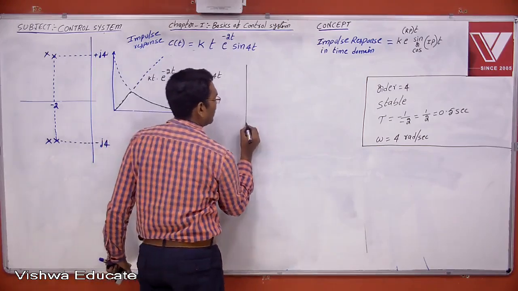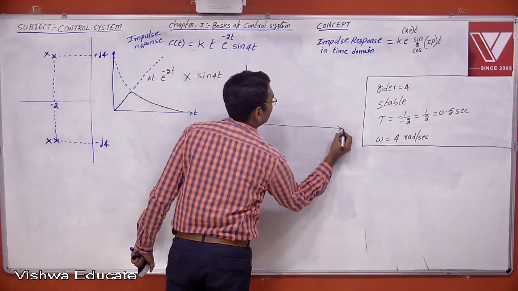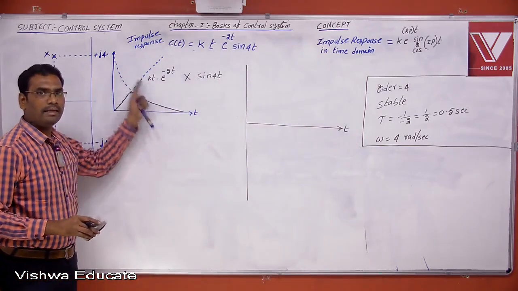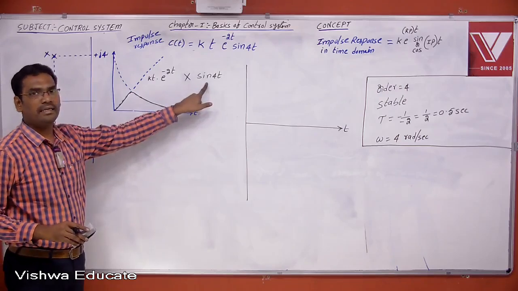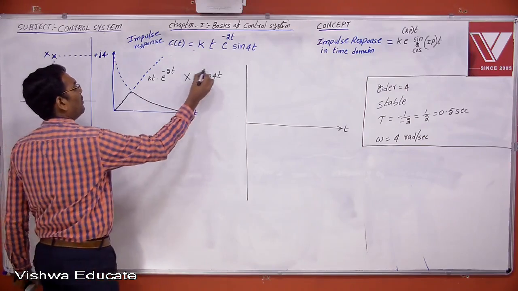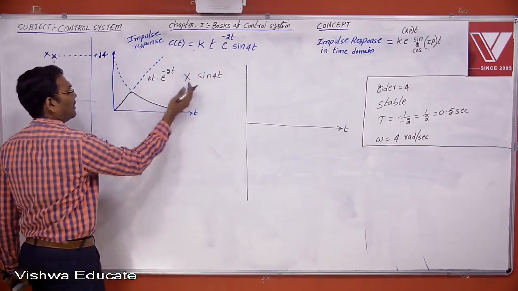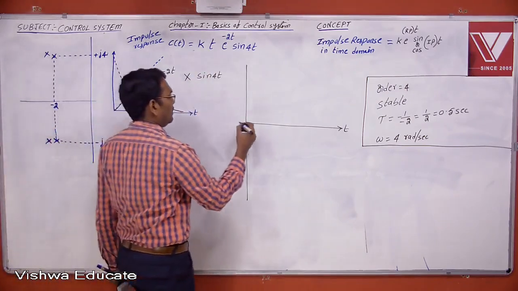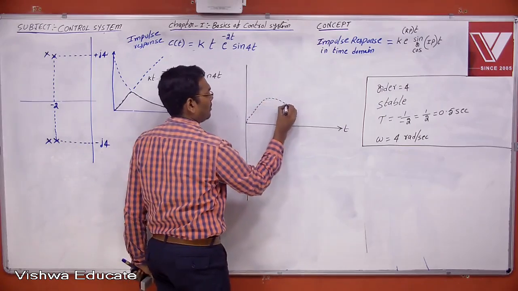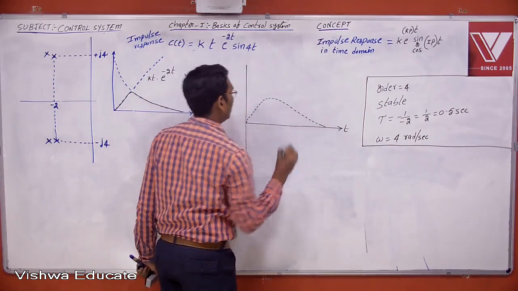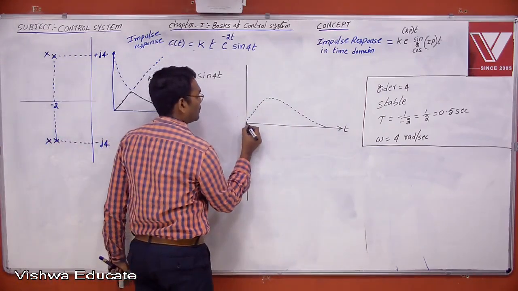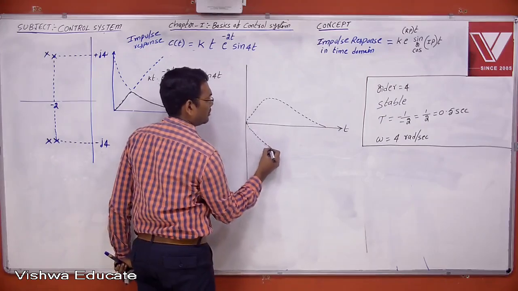I am already saying, any signal multiplied with a sine or cos, forget about the sine or cos, then consider the other signal. The other signal is a combination of ramp and exponentially decaying, and the mirror image.